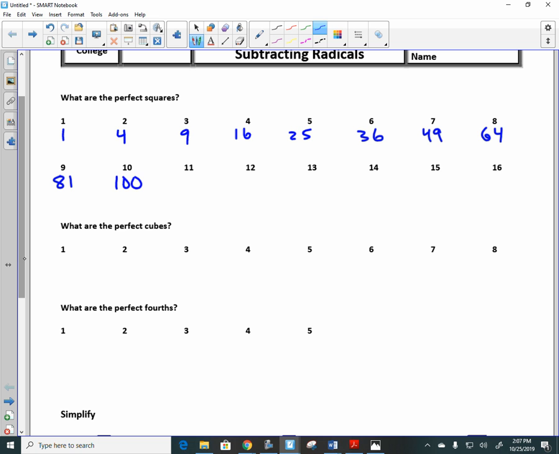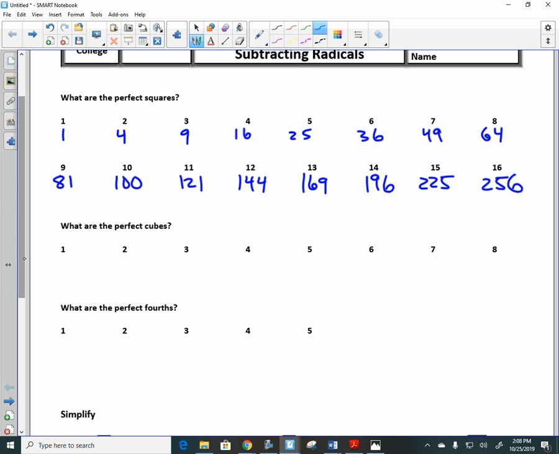How about 11? 121. 12? 13? 169. 14 squared? 196. 15? 225 and 16 squared? 256. There we go. That's a good grouping to know. We just take 14 and multiply by itself, we get 196. As much as you can commit those to memory, the better off you'll be.